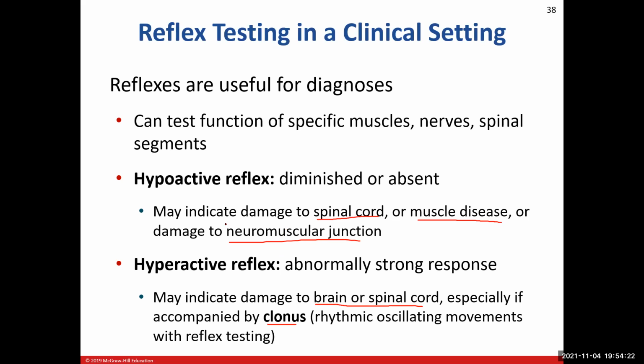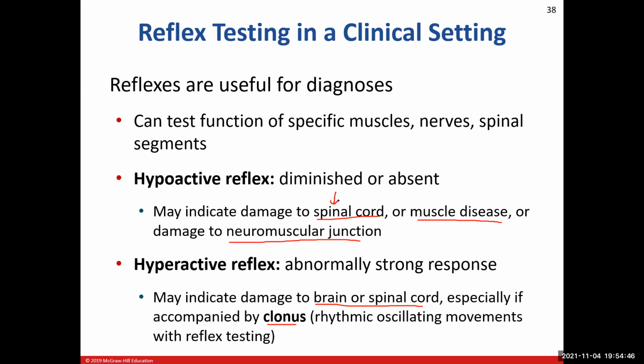Usually, if you're dealing with a hypoactive reflex, we're thinking lower motor neuron. So usually, that's where we start to think spinal cord. Brain, we don't really think about that too much. For a hypoactive reflex, we're thinking the lower motor neuron. Wow, try to get that out.